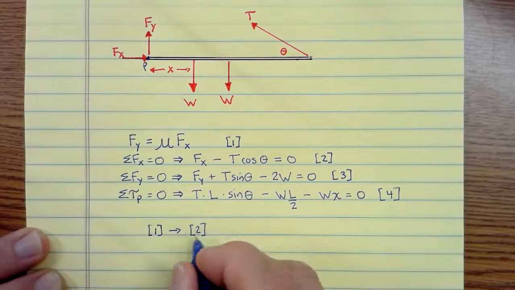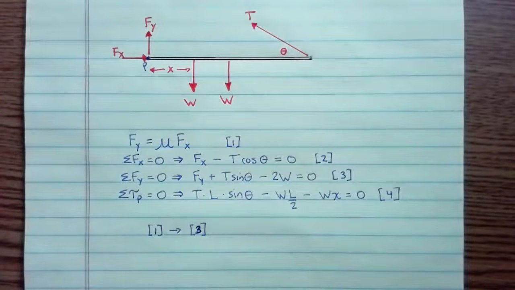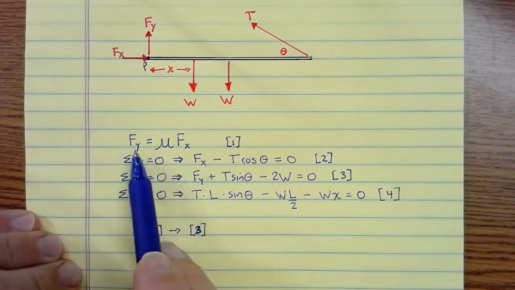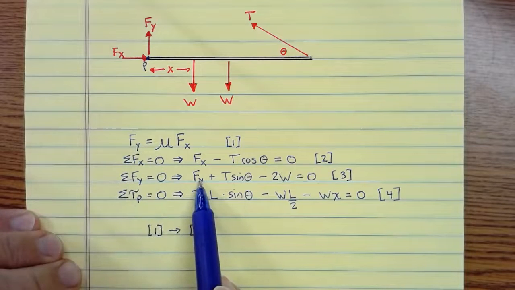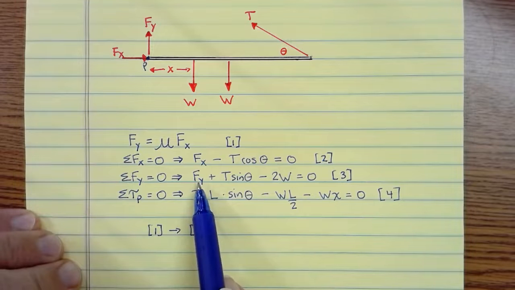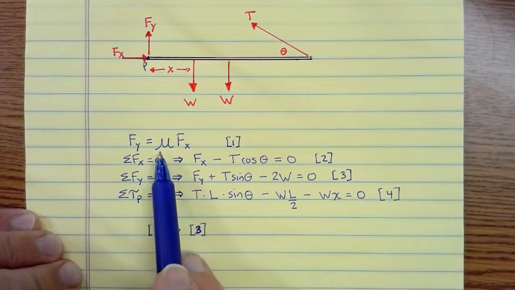I'm sorry, we're going to stick that into equation 3. So take equation 1 and stick it into equation 3. You're going to take this equation here, Fy, and stick it in right there for Fy. And then you'll have equation 3 with no Fy in it. It'll just be mu Fx.